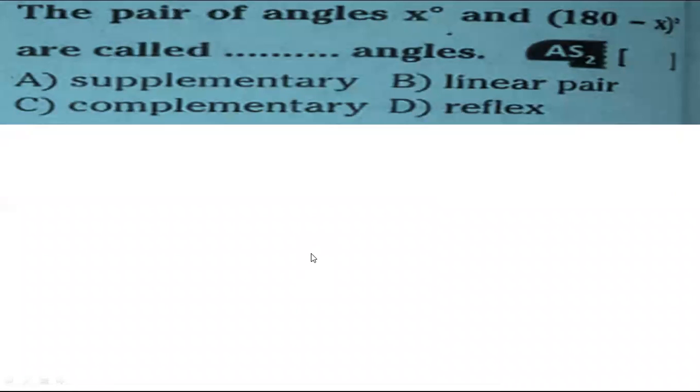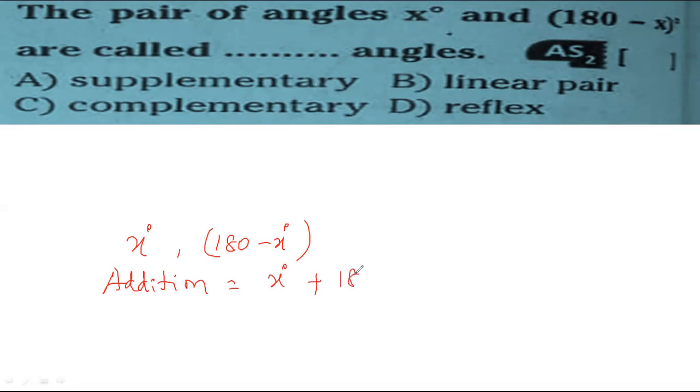Next question. The pair of angles. Pair means two. First one given is x degree. Second given is 180 minus x degree. Let me do addition of these two angles. x degree plus 180 degree minus x degree. Plus x minus x gets cancelled.